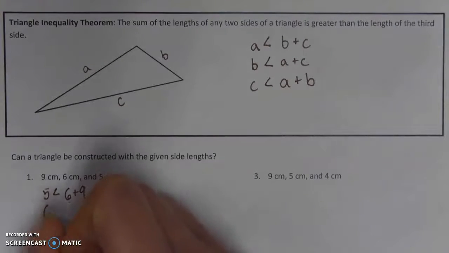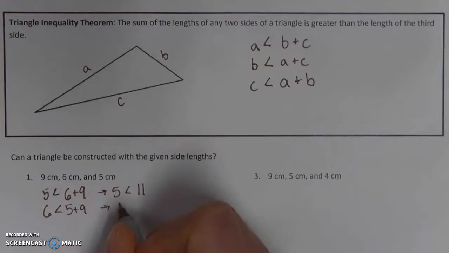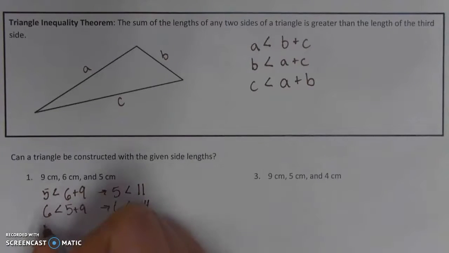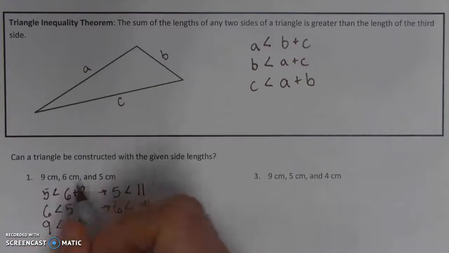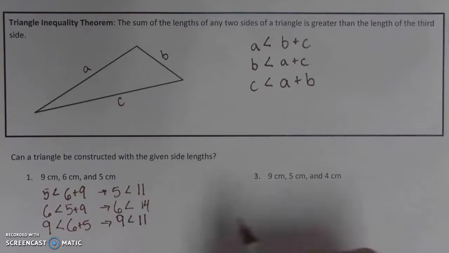We could also say that then is 6 smaller than the combined length of the other two sides, 5 plus 9? And the answer is, of course, yes, because 6 is smaller than 5 plus 9, or 14. And, of course, check the final side, is 9 smaller than 6 plus 5? Well, again, the answer is yes, because 9 is smaller than 11.